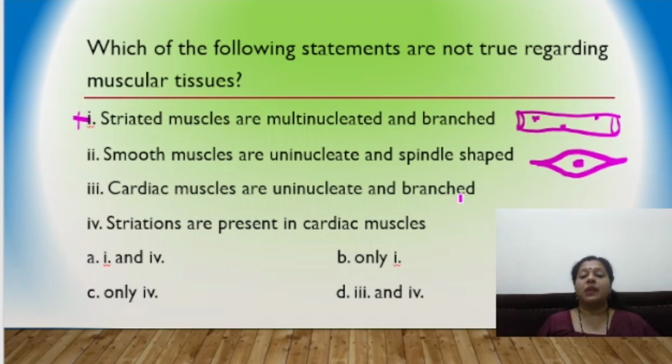Cardiac muscles are uninucleate and branched. Yes, we know they are branched like this, but they have uninucleate structure. So that is also correct. Then striations are present in cardiac muscles. Yes, faint striations are present. So here the answer is B, only one. That is, the first statement is the only wrong statement given here.